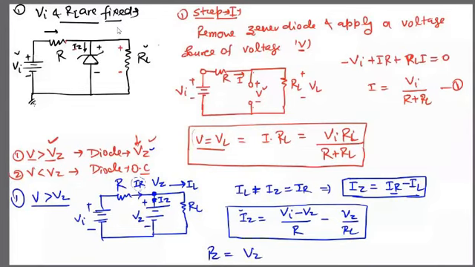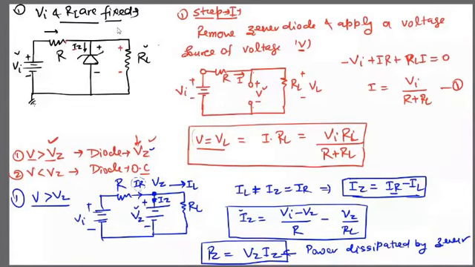We know the value of VZ already, and IZ we calculated right now, and in that manner we can calculate the power dissipated by the Zener diode.